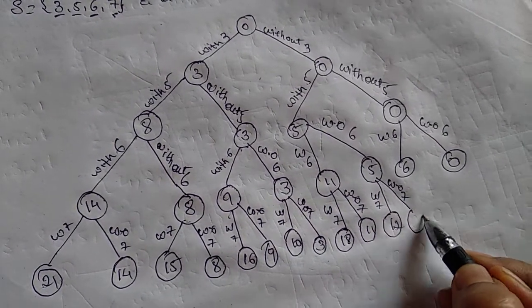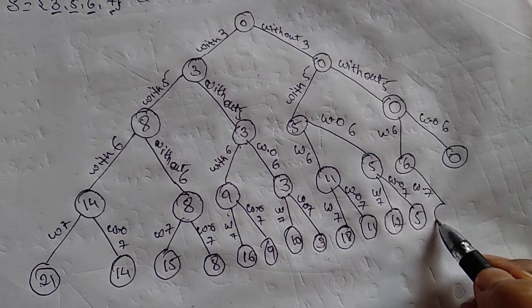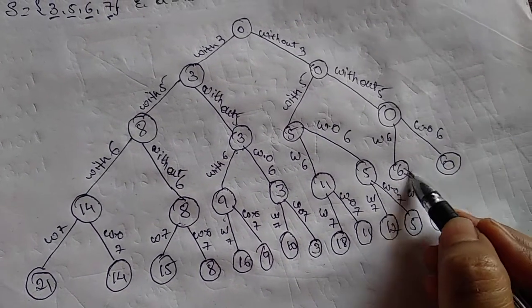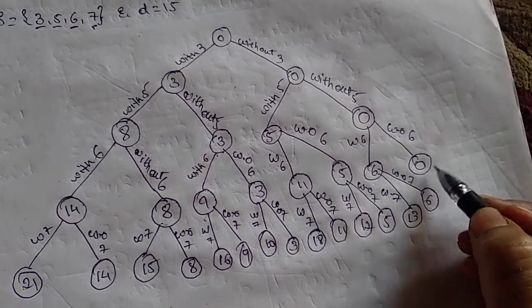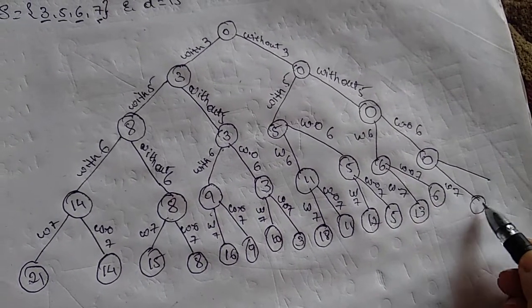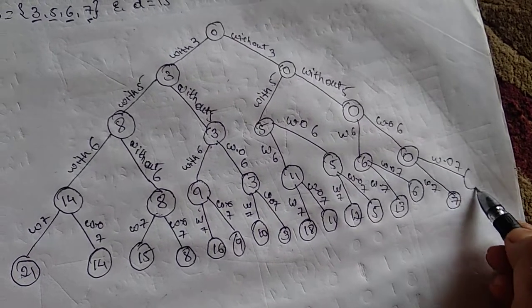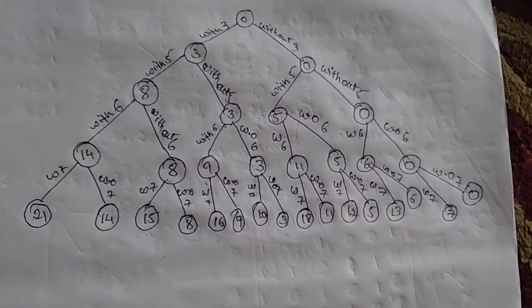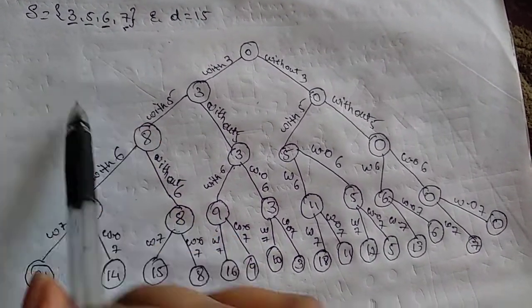Without 7 it is 5 itself. Then with 7, 7 plus 6 is 13. Without 7 it is 6 itself. Then with 7 it is 7. Without 7 it is 0 itself. So this is the final. No other elements are there, so I'll stop here.